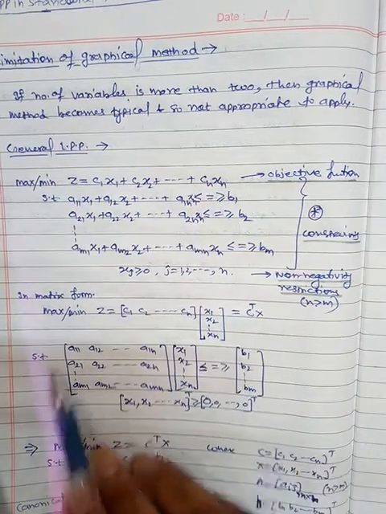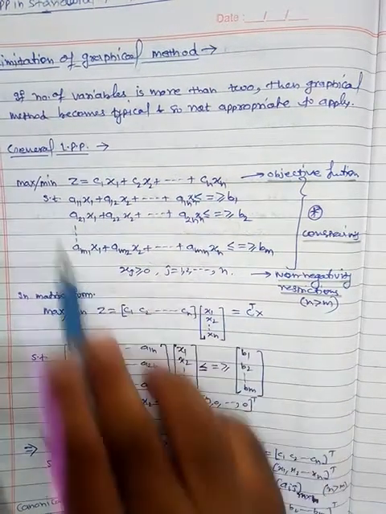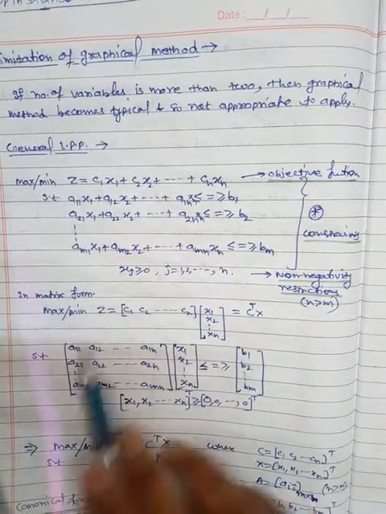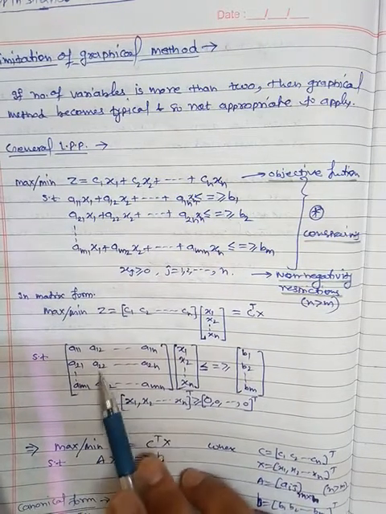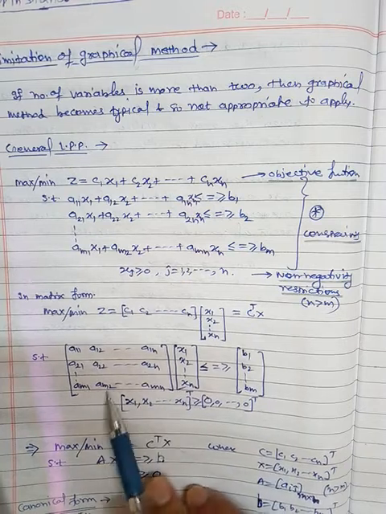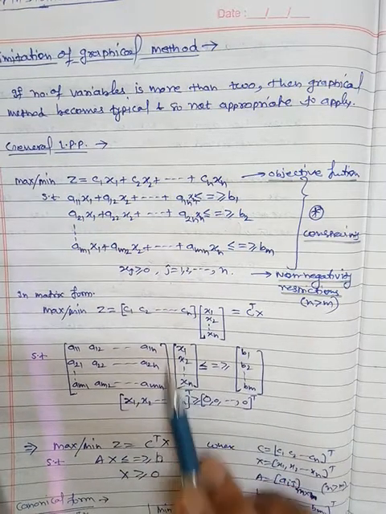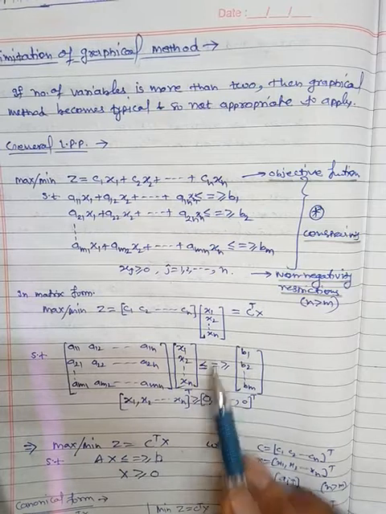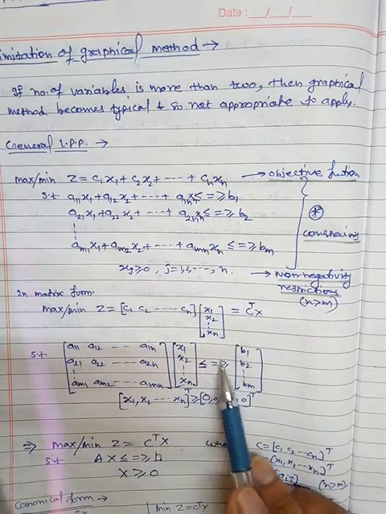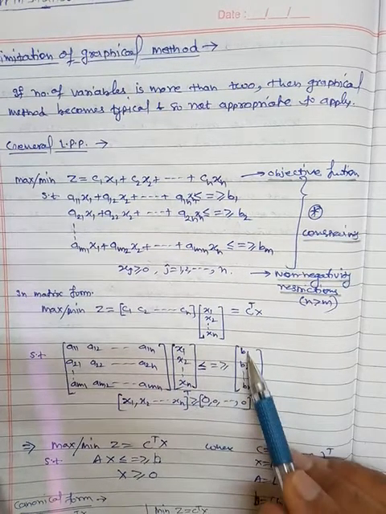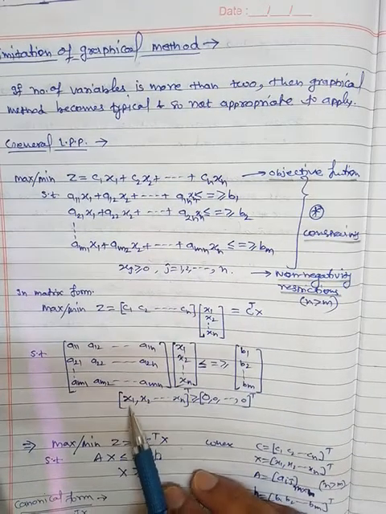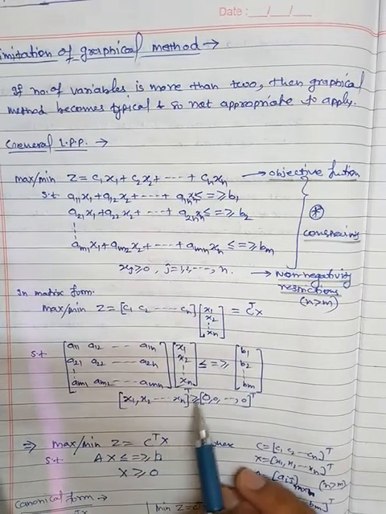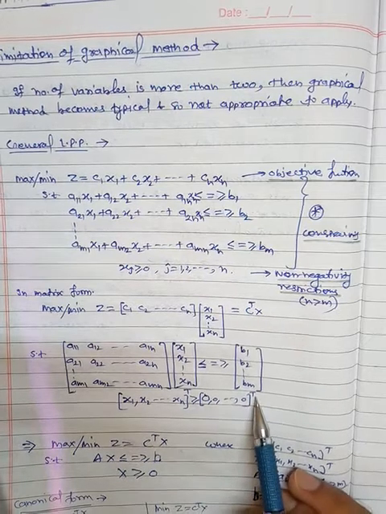Subjected to, this system can be written in matrix form: A11, A12, A1n, A21, A22, A2n, Am1, Am2, Amn multiplied by the column vector x1, x2, xn, either less than type or greater than type, b1, b2, bm. And the feasibility condition can also be written as x1 x2 xn transpose greater than or equal to 0 0 0 0 transpose.